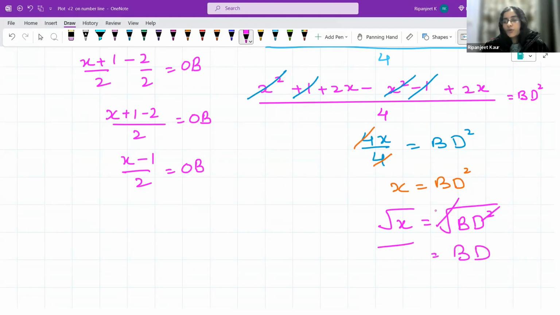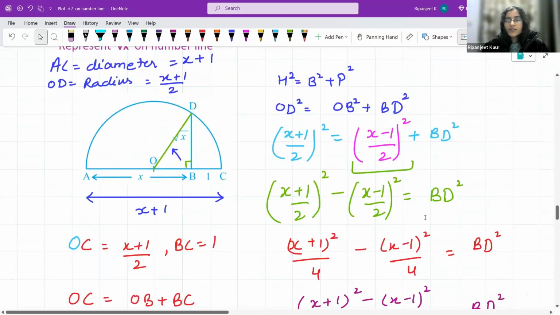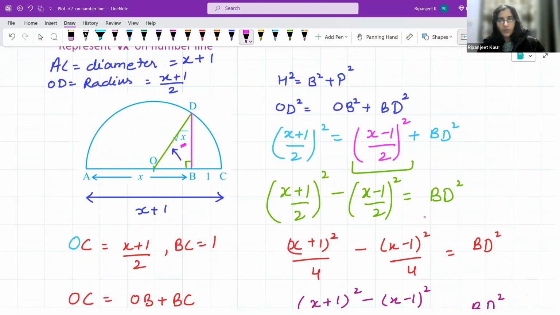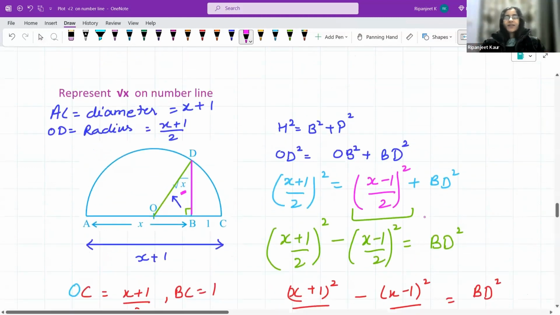BD is equal to root x. And here we have proved in this construction that this B to D, this pink line, B to D, is root x. This is what we wanted to prove. So this is the proof of this whole thing, right? That our construction is true. So now this is done.